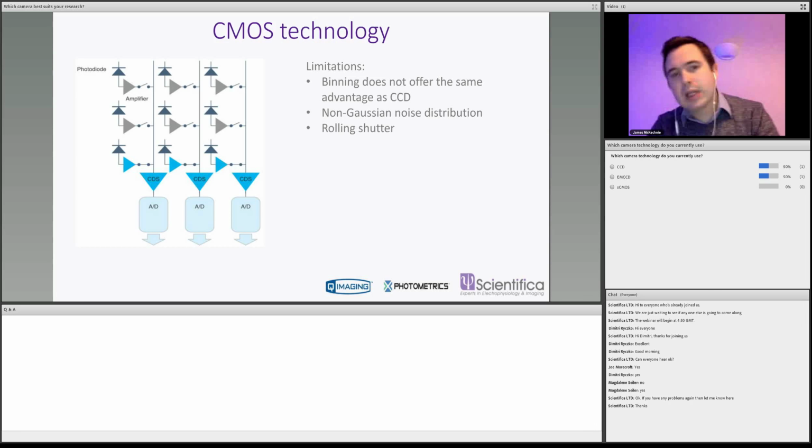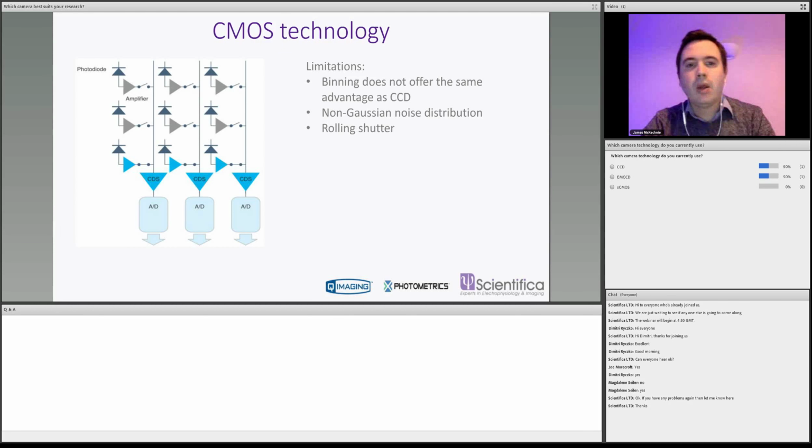Problems: you don't get the same advantage of binning. If you want to use binning to increase your signal before you get to the read noise, because we're measuring each one at the pixel here, you're effectively just doing an addition afterwards.